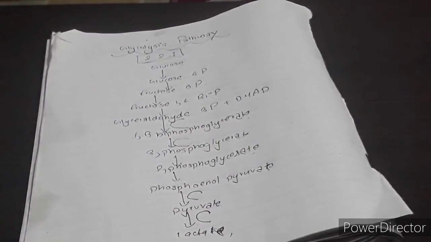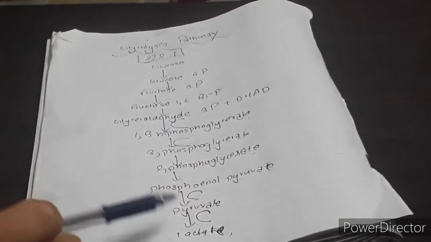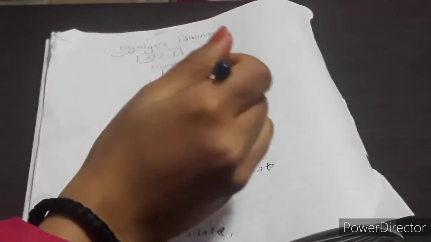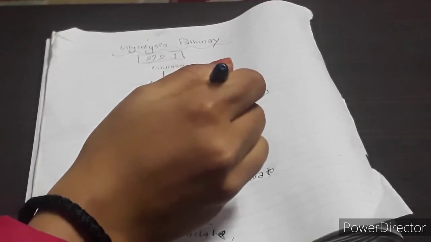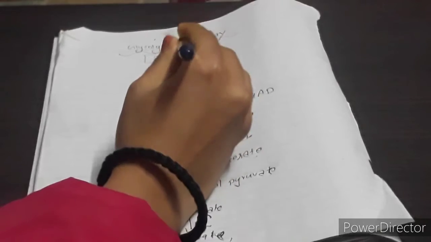So it is like 2, then 2, then 1. That means after this you leave step 1, and again there is another form of energy release. Then there is 1 and 1. So it's just like 2 2 1.